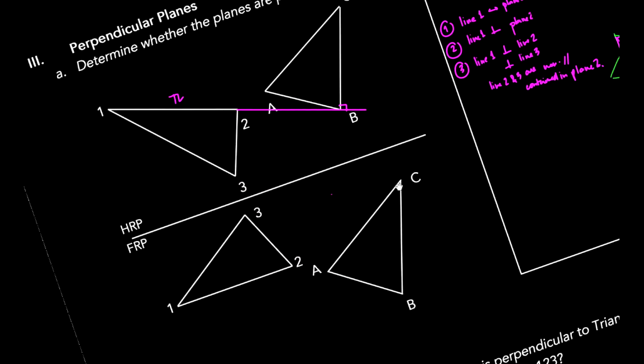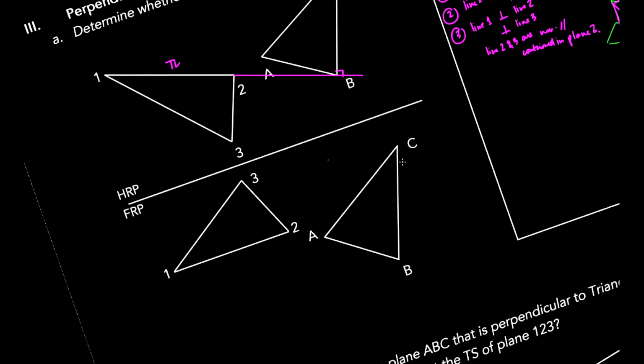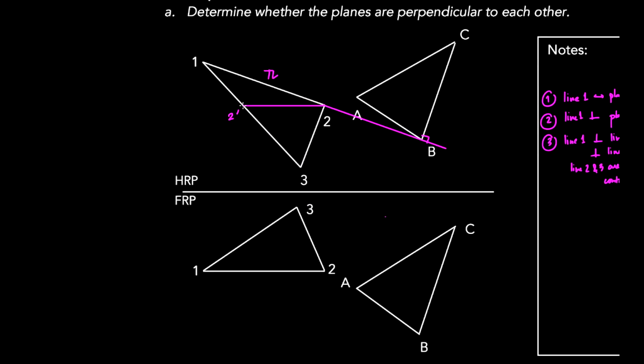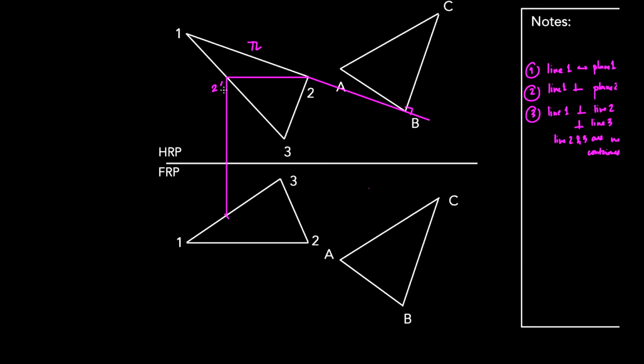So, we already proved na itong si TL na to is perpendicular to BC. Therefore, dapat if truly perpendicular to BC, it will be perpendicular to another true length dito. Okay? So, let's choose another true length. And for simplicity, let's just do 2, 2 prime, no? Mas madali yun. If we do 2, 2 prime, again, tipid tayo sa steps. 2 prime is along 1, 3. Therefore, dapat dito siya.